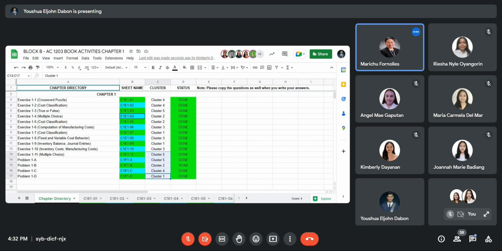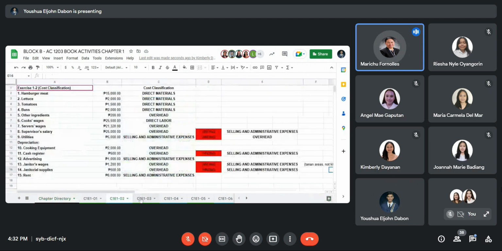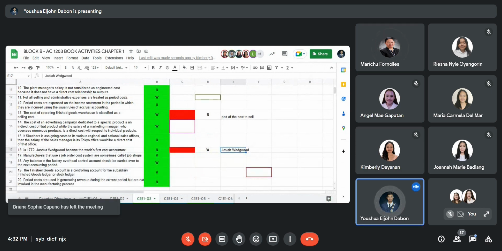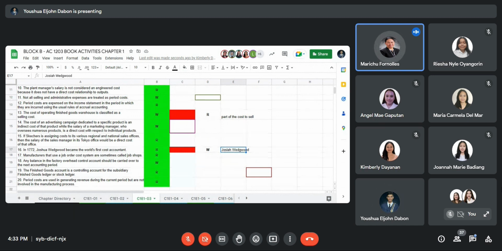Okay. Sige. So take note of the corrections, ha? Yes, Miss. Sige. So we'll continue with this one next. Please share the recorded discussion to the other groups. So next group, sa 4:30 to 6 nga class, mo continue with exercise 1-4.